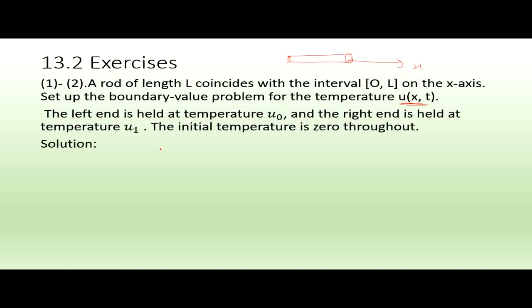The equation is k times u double x equal to ut. This is the one dimensional heat equation we know, but the question is how to write the initial or boundary conditions from the given information. The left end is held at temperature u0.